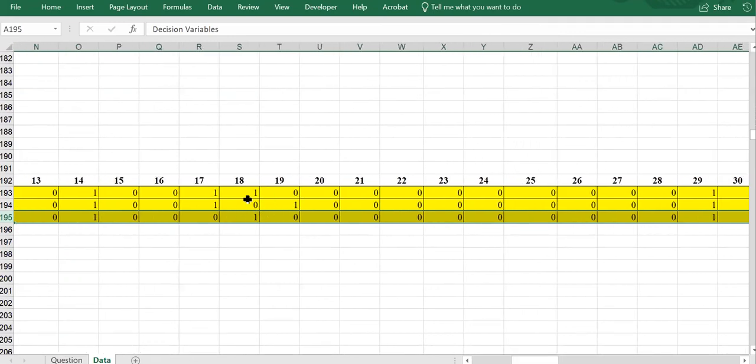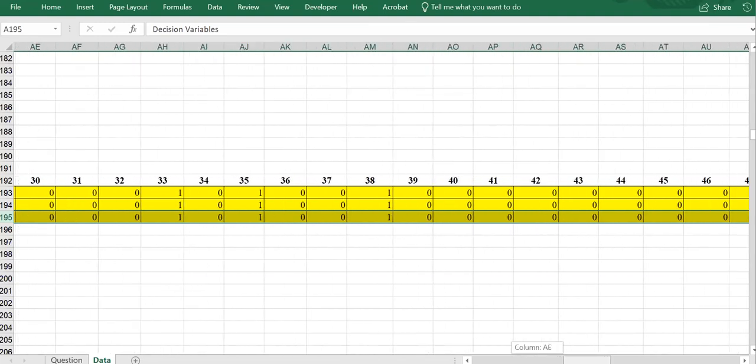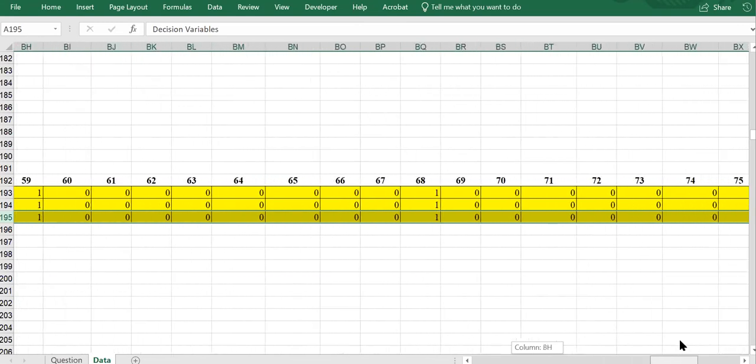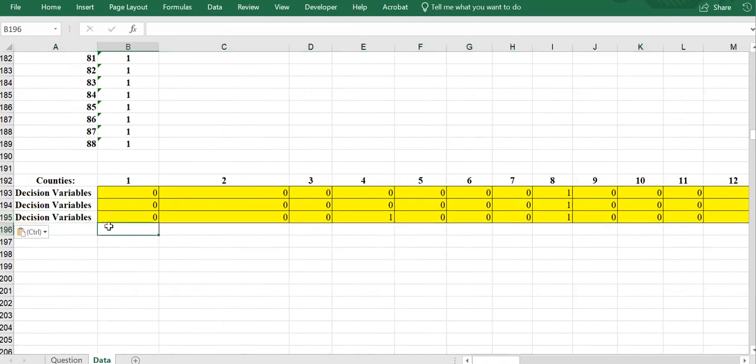And then 17 is not, right? So 4 is added, 17 is dropped. And the rest, I believe, should be the same. Yeah. So that's the third alternative solution.